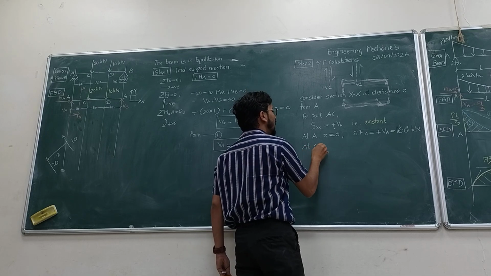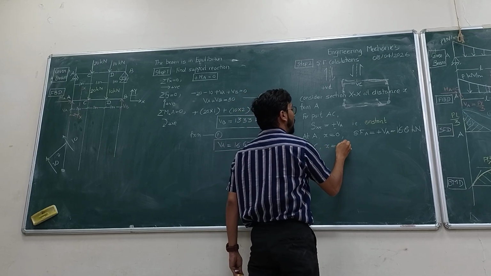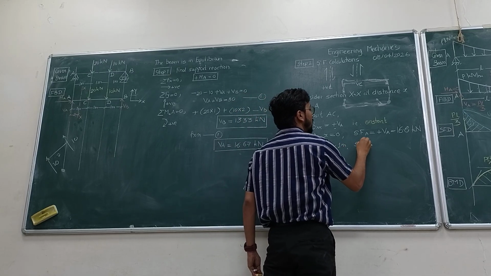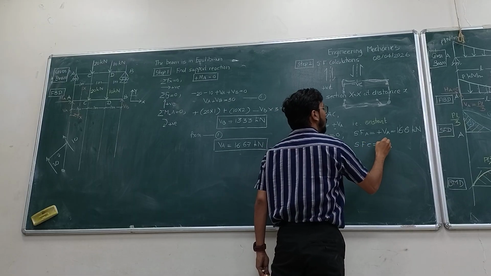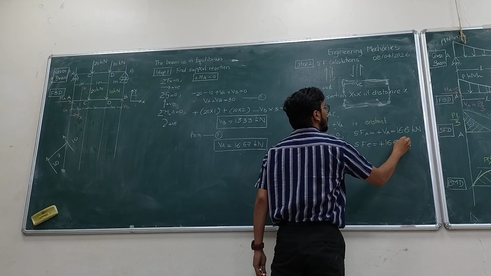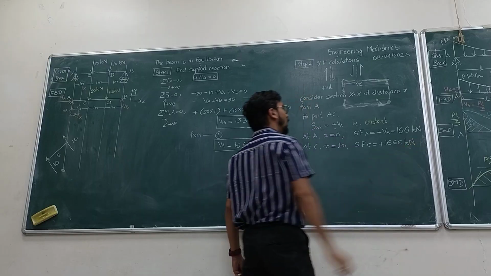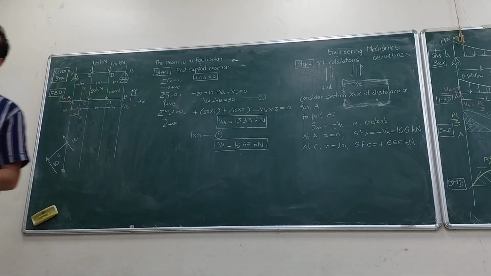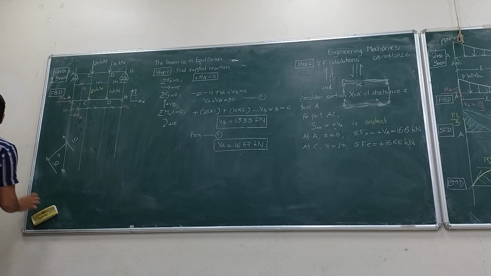At C, x is equal to 1 meter. Doesn't matter. Shear force at C is equal to plus 16.6. Okay, we can draw this much. Can we draw this much part?